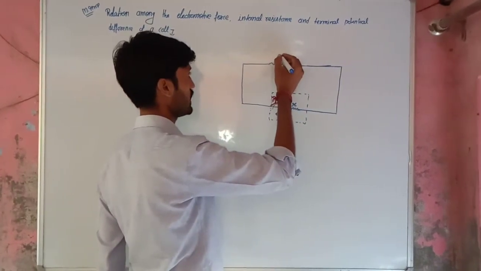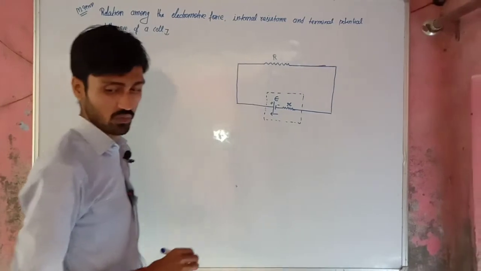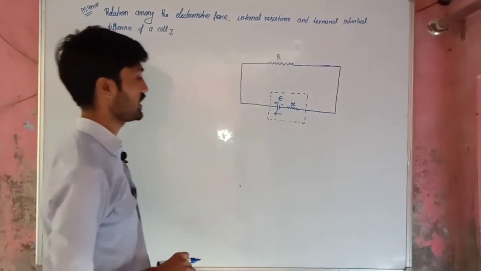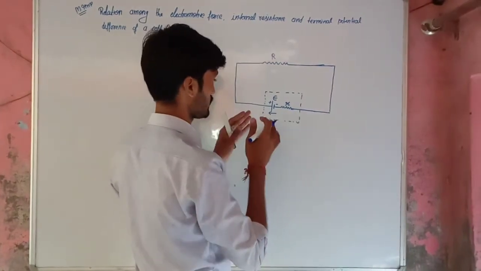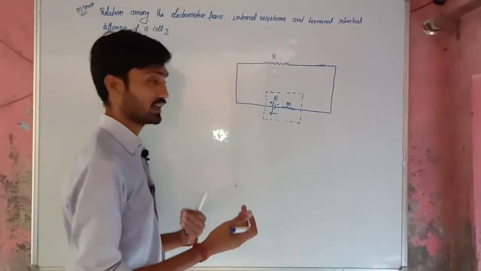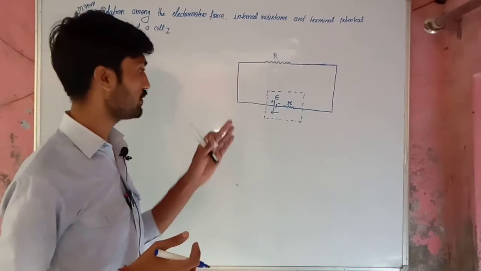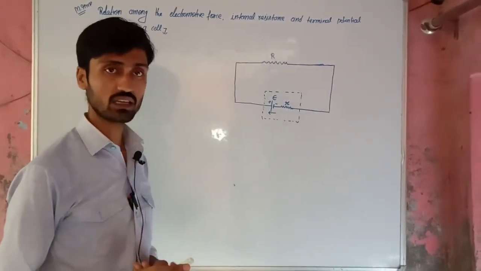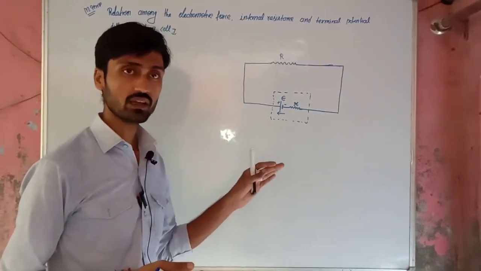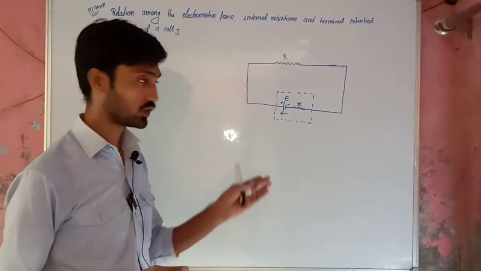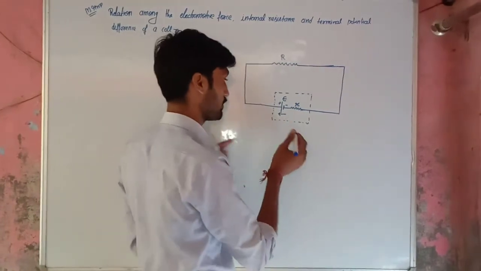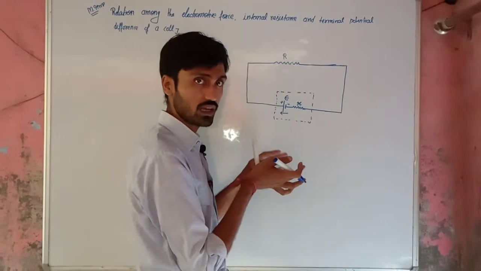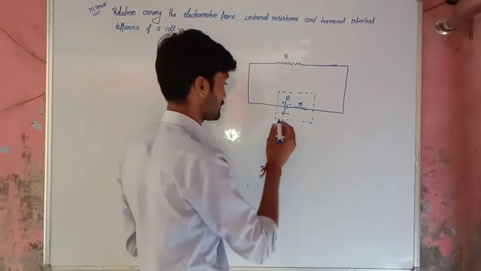Suppose the external resistance of this wire is capital R. Suppose this cell is charged; then when we connect this cell to the external resistance, it will be discharged. So here we will discuss the topic in the case of the discharging of the cell.